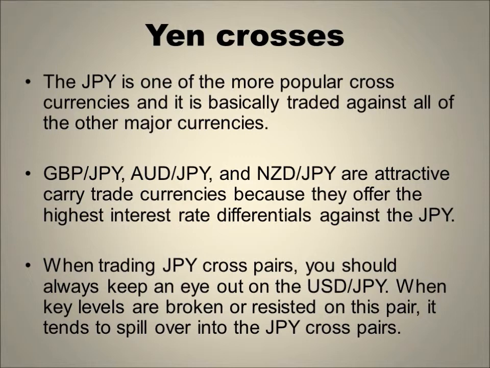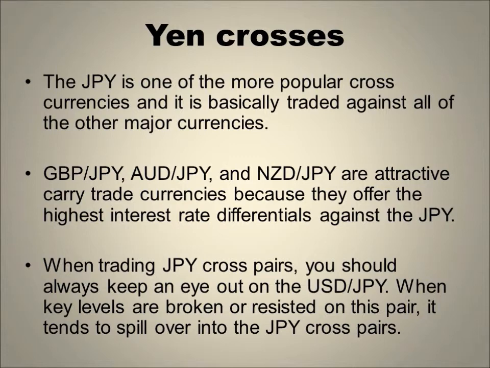Another reason why the Japanese yen is so attractive is because the Bank of Japan historically keeps their interest rates low, perpetuating the fact that the Japanese yen is considered a safe haven currency. So let's say we want to trade the Japanese yen cross pairs. Here's what we need to do.